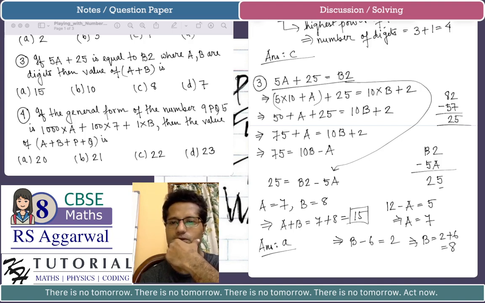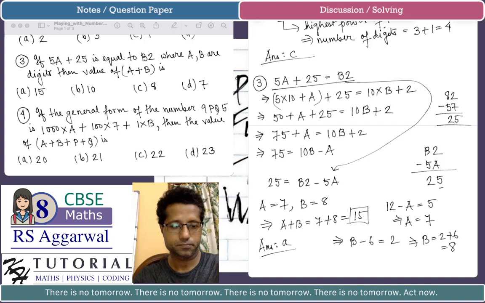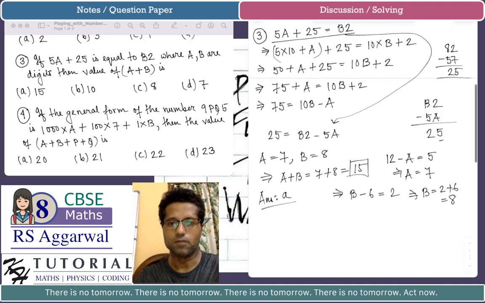This problem was based on that pattern of question. So this problem should not have been in this problem set. I have tried my best to create this problem set based on the general form of numbers or the games with numbers. Okay, let's do the problem number 4.